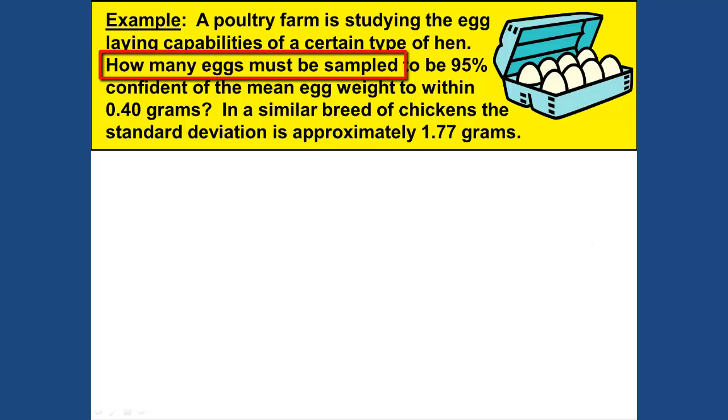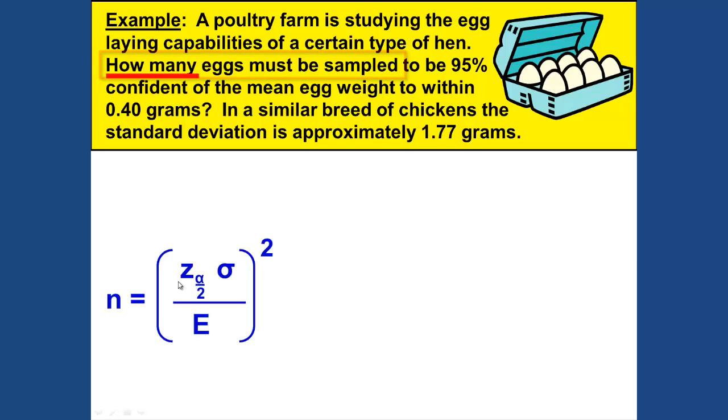So if it asks how many eggs, that means it wants to know the sample size, as opposed to previous problems when it asks us to construct a confidence interval. This one says how many, and how many is asking for n, the number of our sample, and that would answer the question we're looking for. Therefore, we're looking for the sample size, and here is our formula.